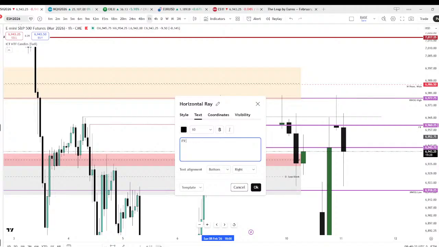So that'll be February 9th. New week opening gap. High.